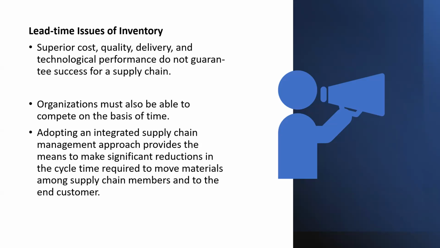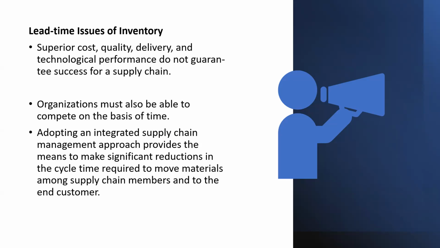There are always superior cost, superior quality, superior delivery, and technological performance. And these do not guarantee success for supply chain, never. Therefore, organizations must always strive to compete on the basis of time.